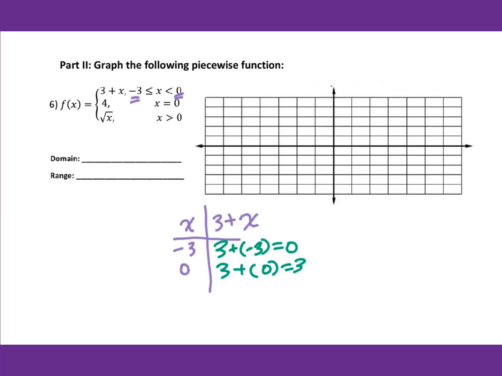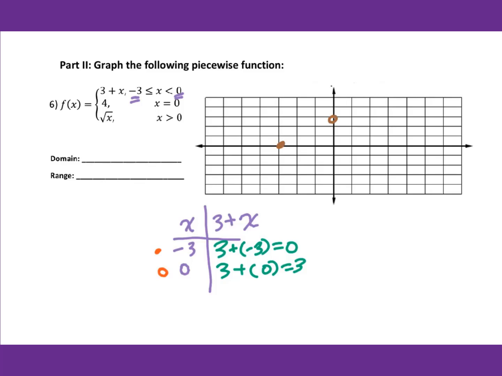Then check the open circle or closed circle. Equal sign means a closed circle here. This is an open circle. So we plot these 2 points on the graphing paper. We got -3, 0, closed circle, and 0, 3.